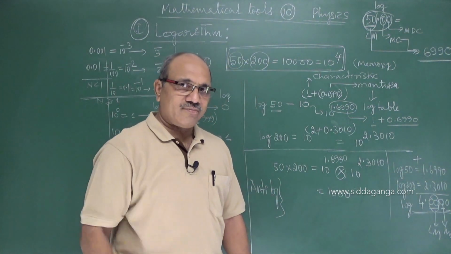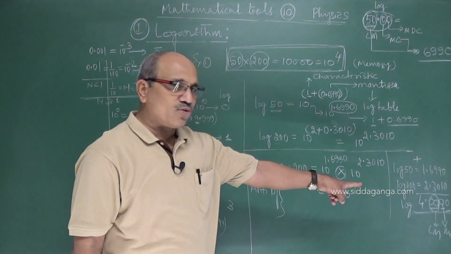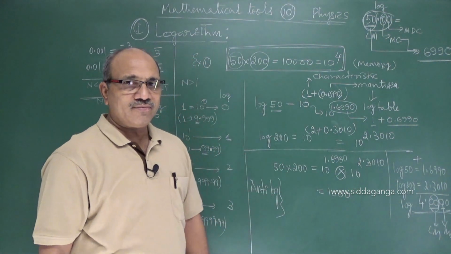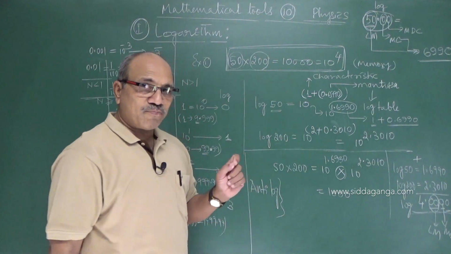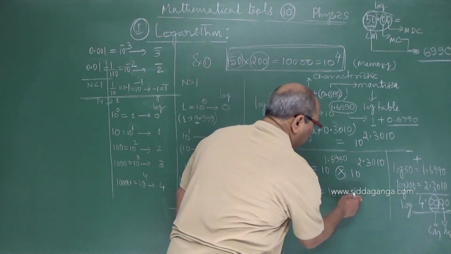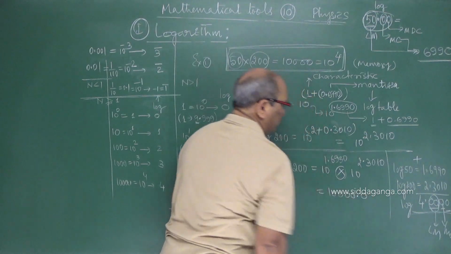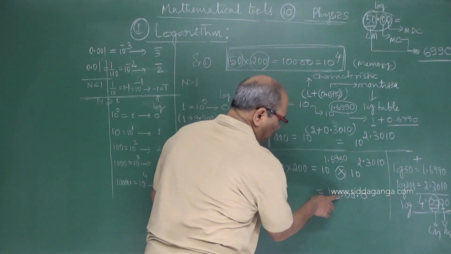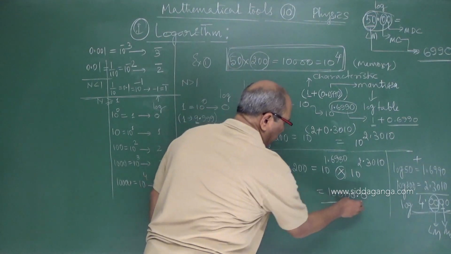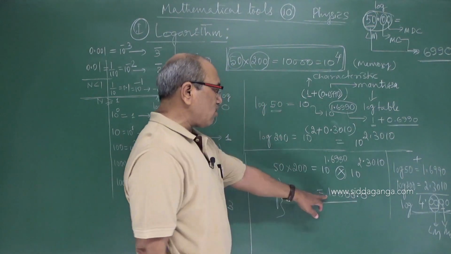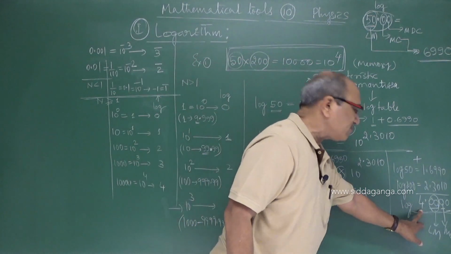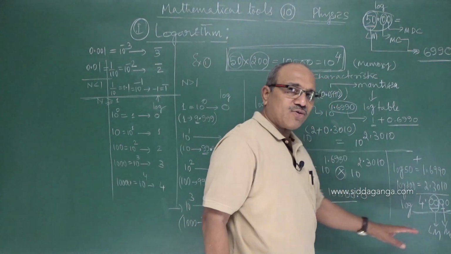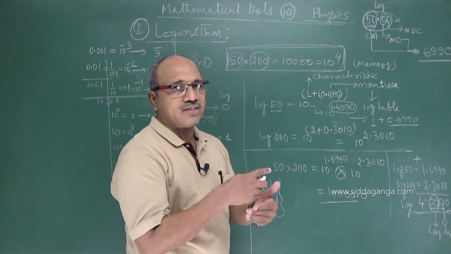You will get 3. Suppose I want log 4, how many digits should there be? 5. That means I have to place the decimal point after putting another 0. So now there are 5 digits before the decimal point, and the log of this is 4, which I got here. I think you followed: what we did in the log, we have to reverse.